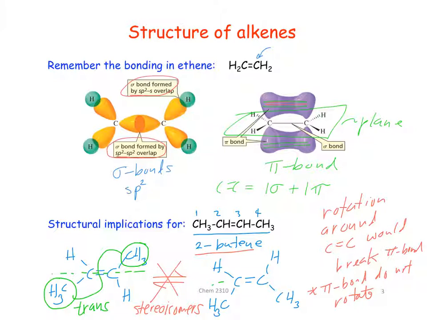And alternatively, if we make this axis and these 2 methyl groups are on the same side, then this is called cis. Alright, so we usually use trans and cis just when we have situations like this. We have an alkene in the middle of some carbon chain. Each end of the alkene, so this carbon, has a carbon and an H. And this end has a carbon and an H as well.